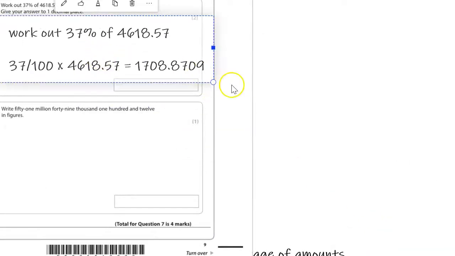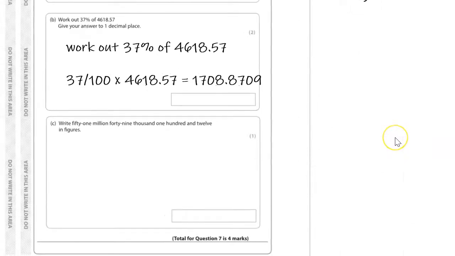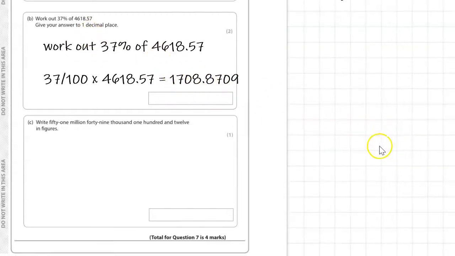Okay, so reading the question, why am I not saying it's both of the marks? So it says work out 37% of 4,618.57. Give your answer to 1 decimal place. So that is the answer, but we do have to give it to 1 decimal place.